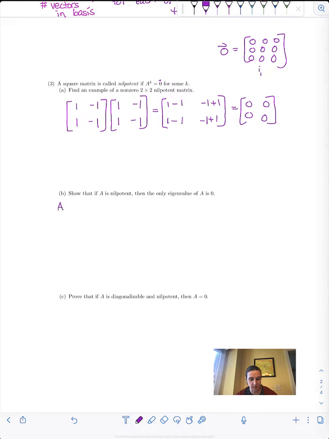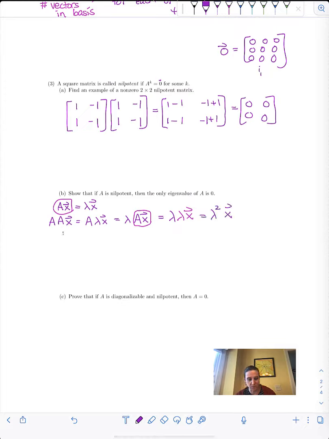And the reason for that is if you take Ax equals lambda x, and let's say we multiply both sides of that by A, well, that gets lambda times Ax, but we already said that Ax was lambda x, so this becomes lambda times lambda x, and so that becomes lambda squared x.